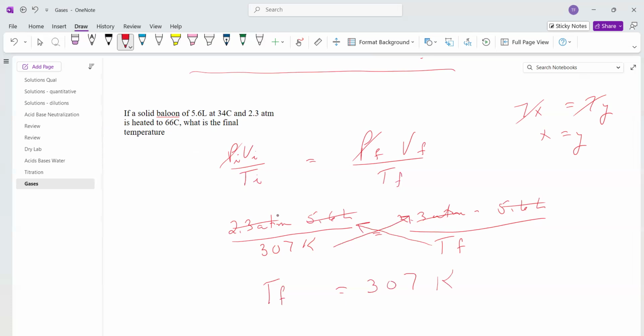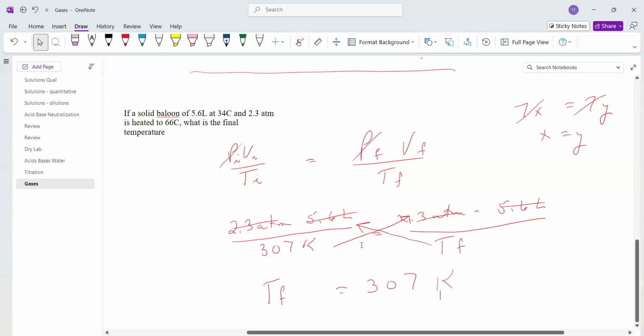No change. What's the 66 for? The original problem. Actually, that's a silly problem, isn't it? I told you the two temperatures and I asked you for the final one. The answer is 66.